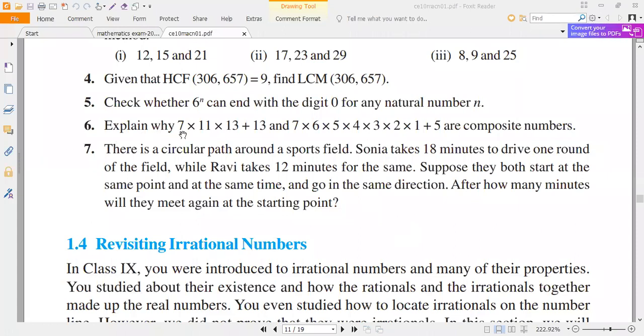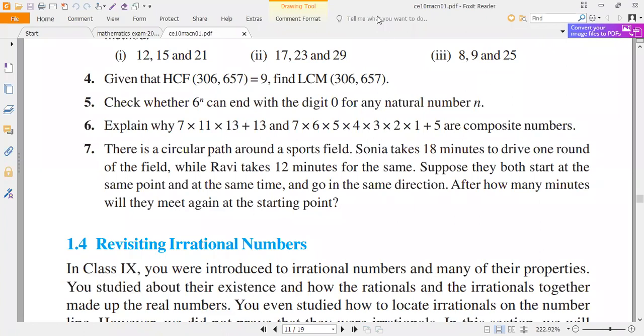Explain why 7 into 11 into 13 plus 13 is one number, and 7 into 6 into 5 into 4 into 3 into 2 into 1 plus 5 are composite numbers. What are composite numbers? Say the definition.